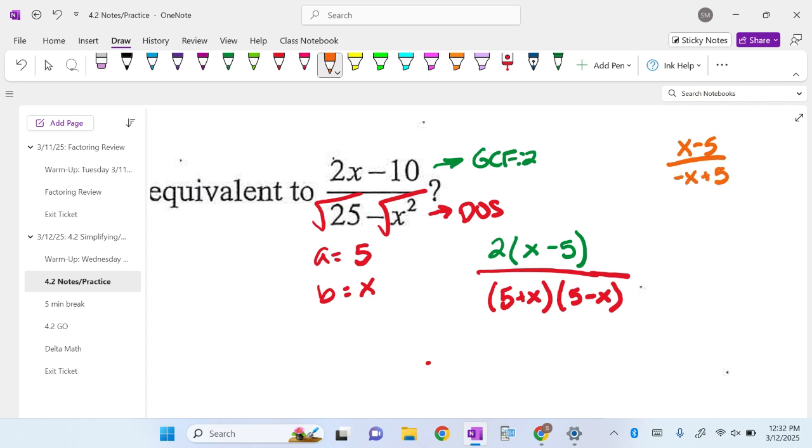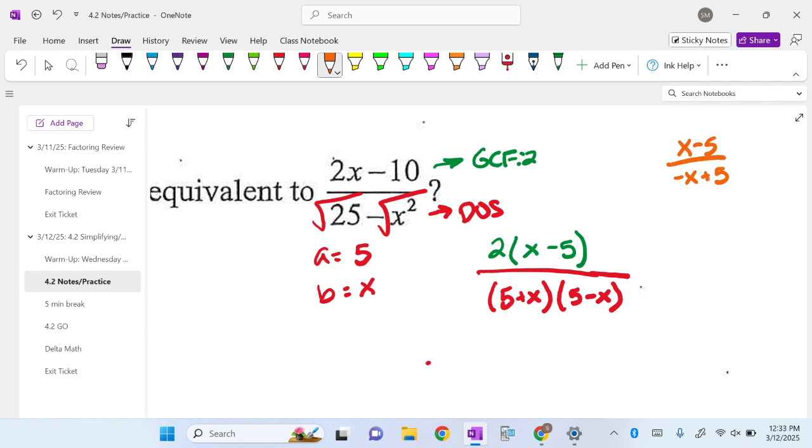All I did was rewrite 5 minus x by switching the two terms but keeping the signs. Are those the same? No, they're not the same thing. The top part of x is not negative. The 5 is not positive in the numerator. So they are not the same. But we can manipulate it to be the same.